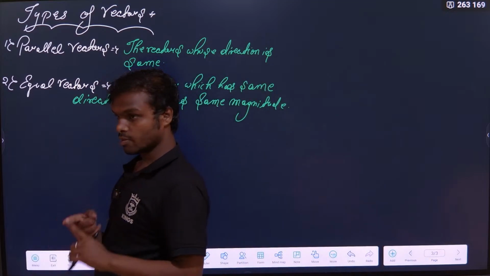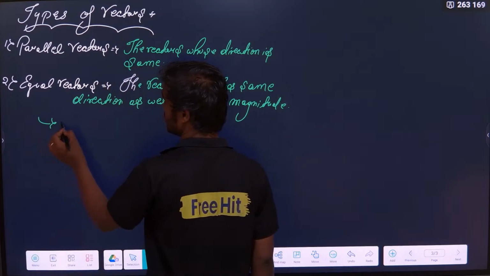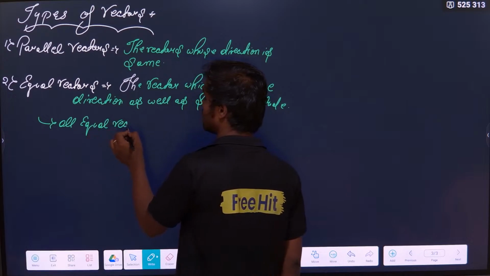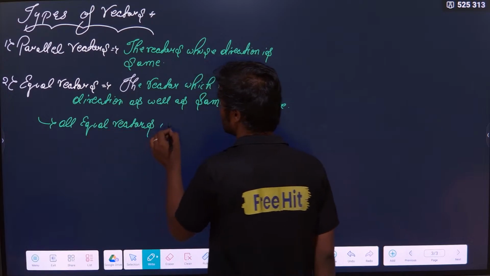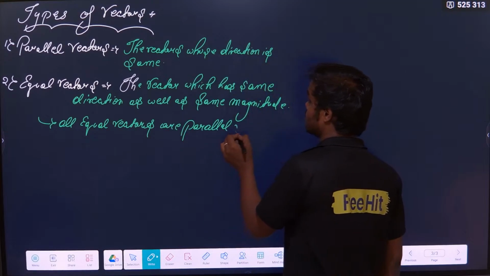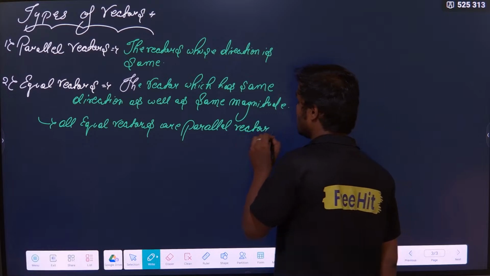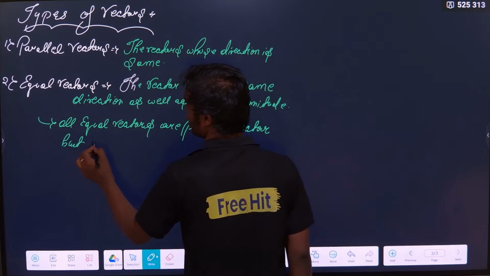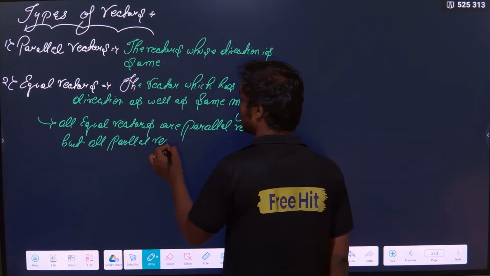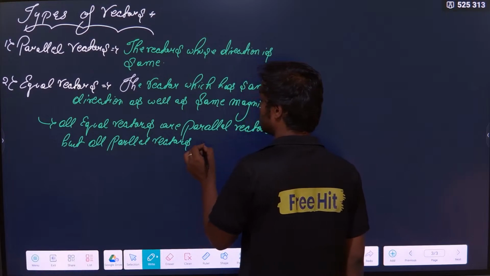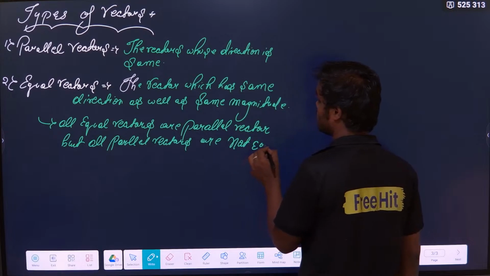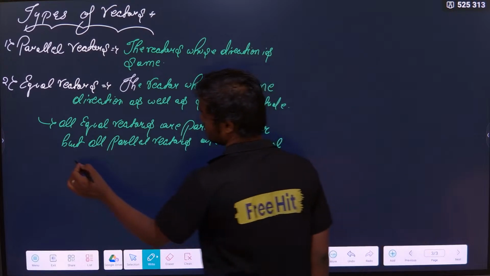Remember that from here I can say all equal vectors are parallel vectors, but all parallel vectors are not equal vectors.